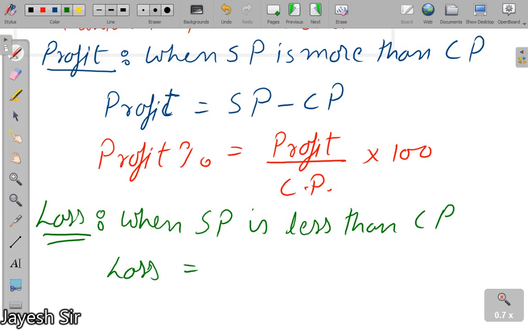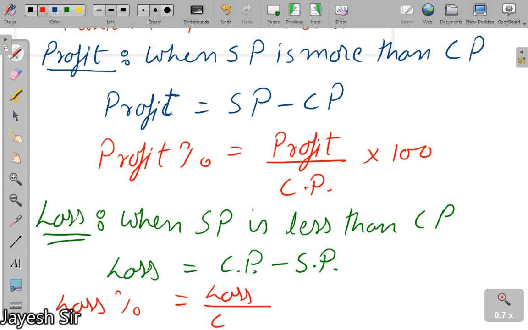So loss will be CP, cost price, minus selling price. Again, with loss we have loss percentage. Loss percentage will be loss upon cost price into 100. These are the formulas that we are going to use in this exercise.